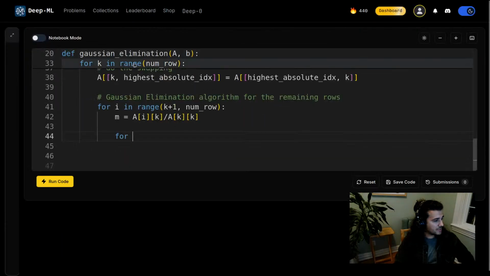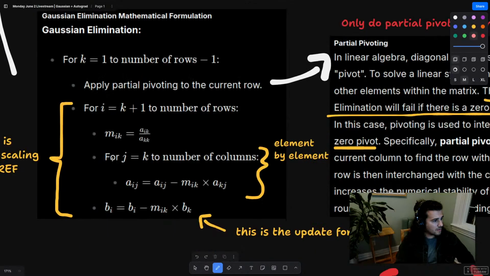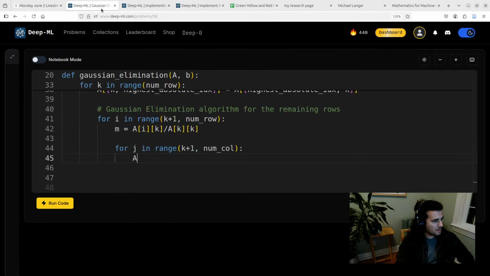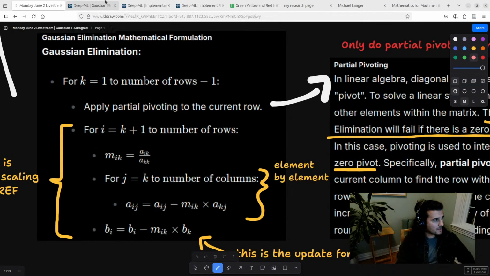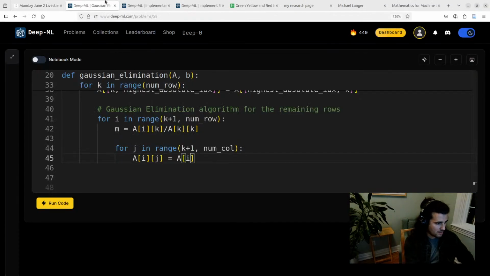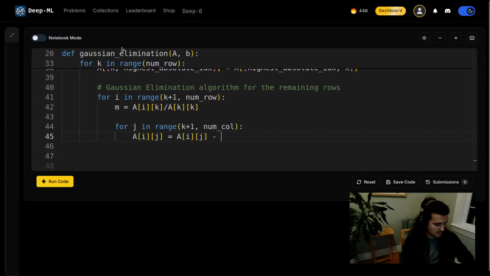So for j in range k plus 1, num column, a i j equal a i j minus m.